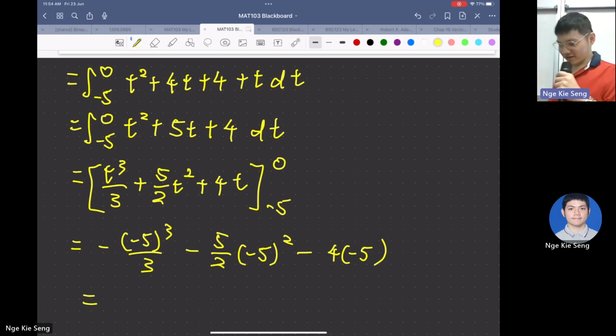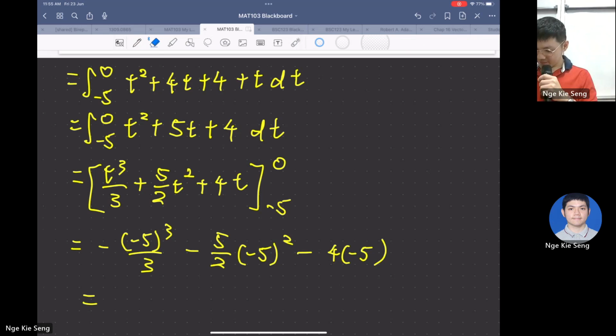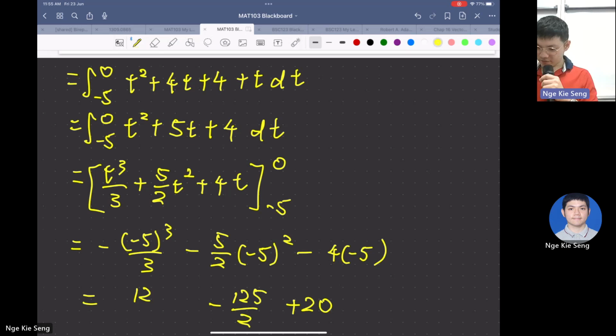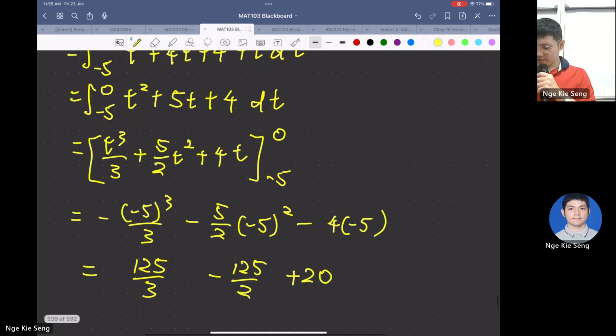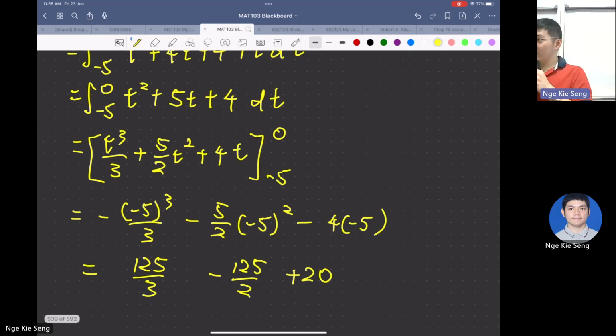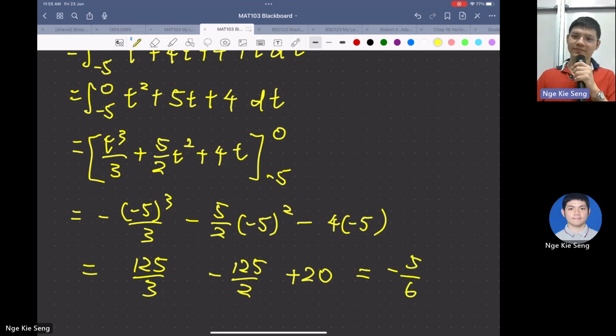Simple. Still looking at the calculator. Sure, you do it separately. It's not too hard: 125 over 3 minus 125 over 2 and so on, which equals minus 5 over 6. Yeah, correct. Very good.